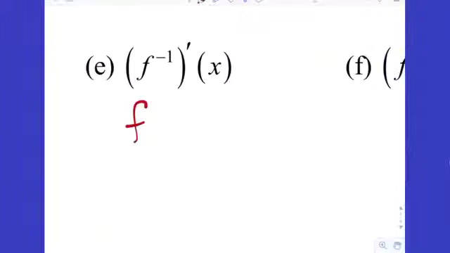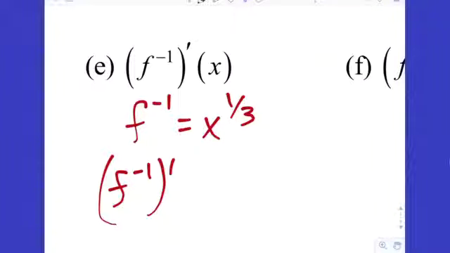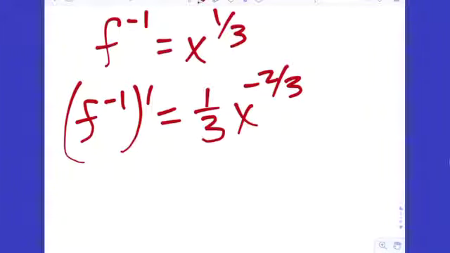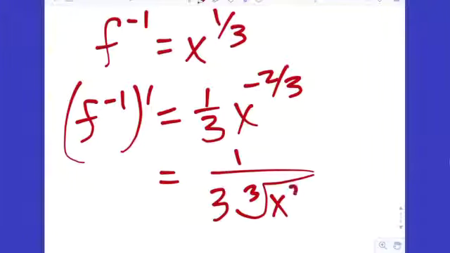If f inverse is x to the 1/3, then f inverse prime. You could see why we sometimes just call f inverse g, because again, that's cumbersome notation right there. But I can take the derivative pretty easily. It's the power rule, 1/3 x to the negative 2/3. So if I clean that up, that's 1/3 cube root of x squared.